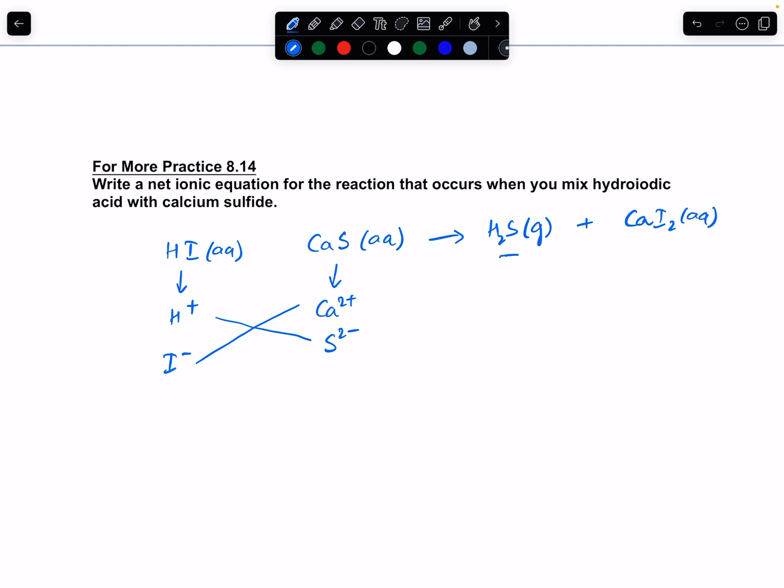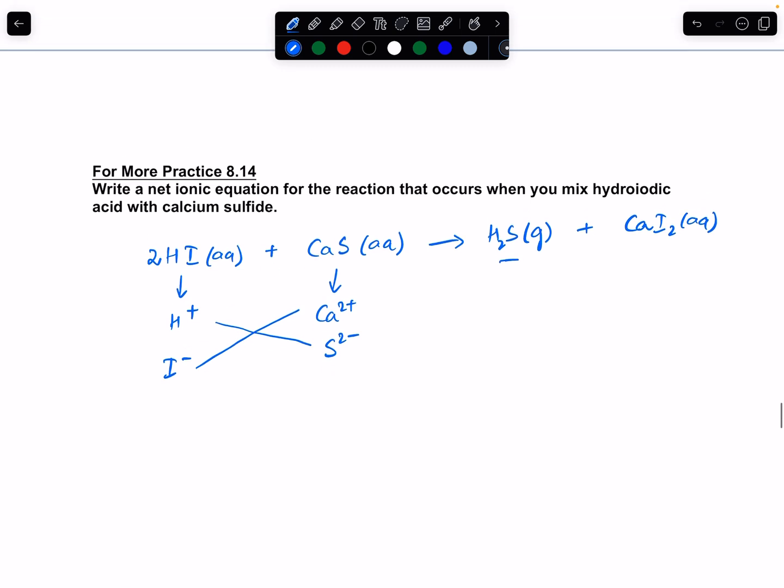Okay, let's go ahead and try to balance this reaction. So we need to have 2HI out here, and that should do it. Now that we have that, what we've written out here is called the molecular equation. In order to get to the net ionic equation, we need to change the molecular to the complete ionic equation.